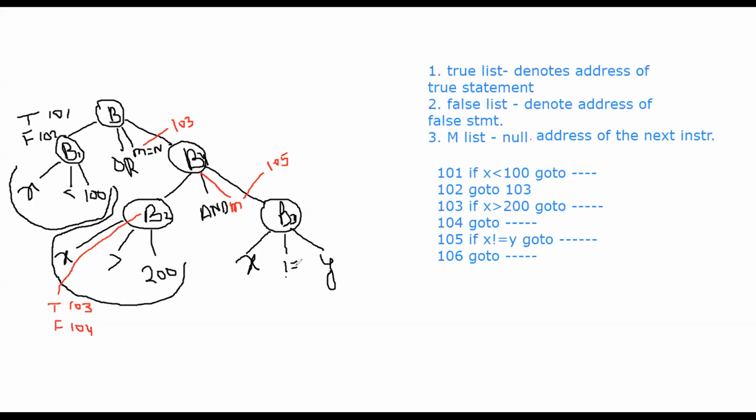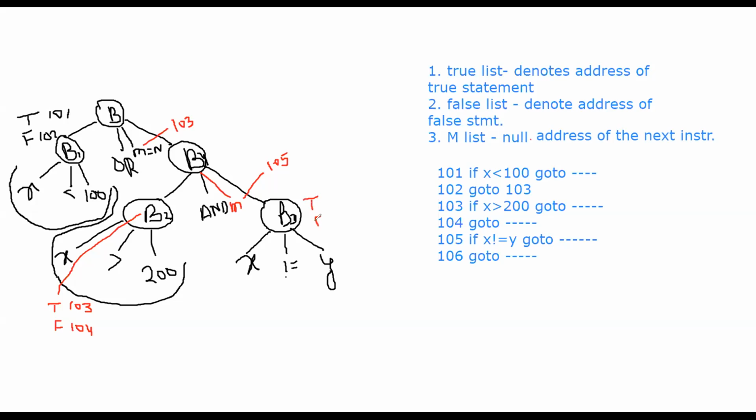We need not check B3 then, right? Because in AND, if even one condition is false, you come out of the loop. So if B2 is true, then we have to execute B3. Where is B3 written? At 103. So that is why the M list will contain the address of the next instruction, and that is 103. Fine.